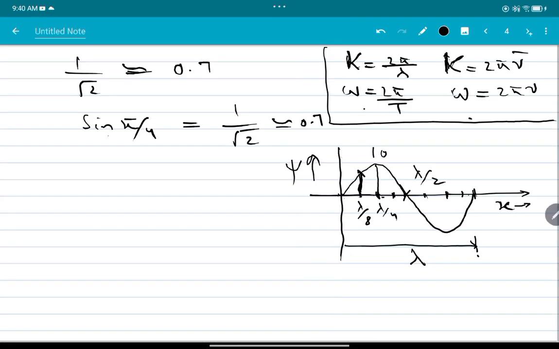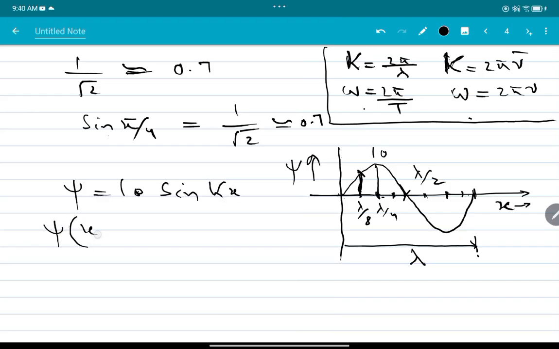So the formula for this wave is psi is equal to 10 sine kx, because you have chosen amplitude as 10. Now I want the value of psi at lambda by 8.